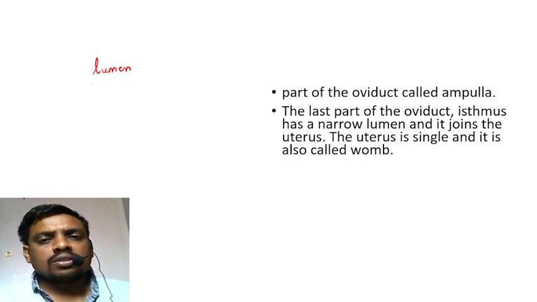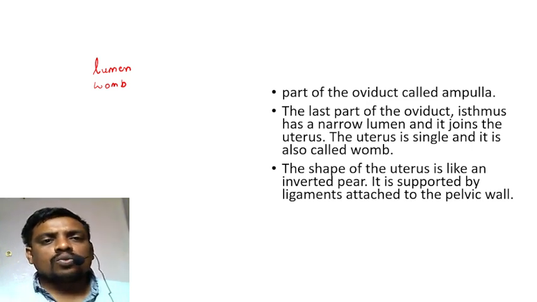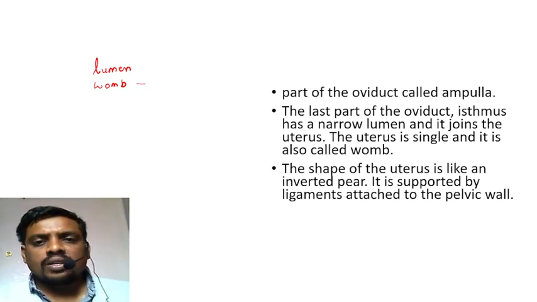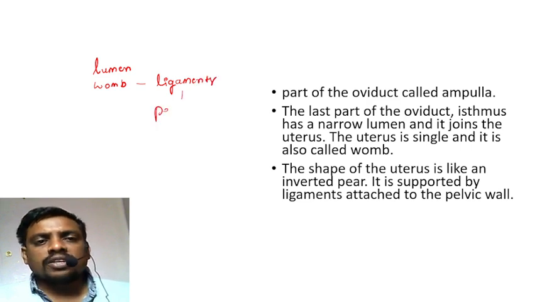What is the uterus? The uterus is nothing but the mother womb. The womb is an inverted pear-shaped structure. It is supported by ligaments attached to the pelvic wall.